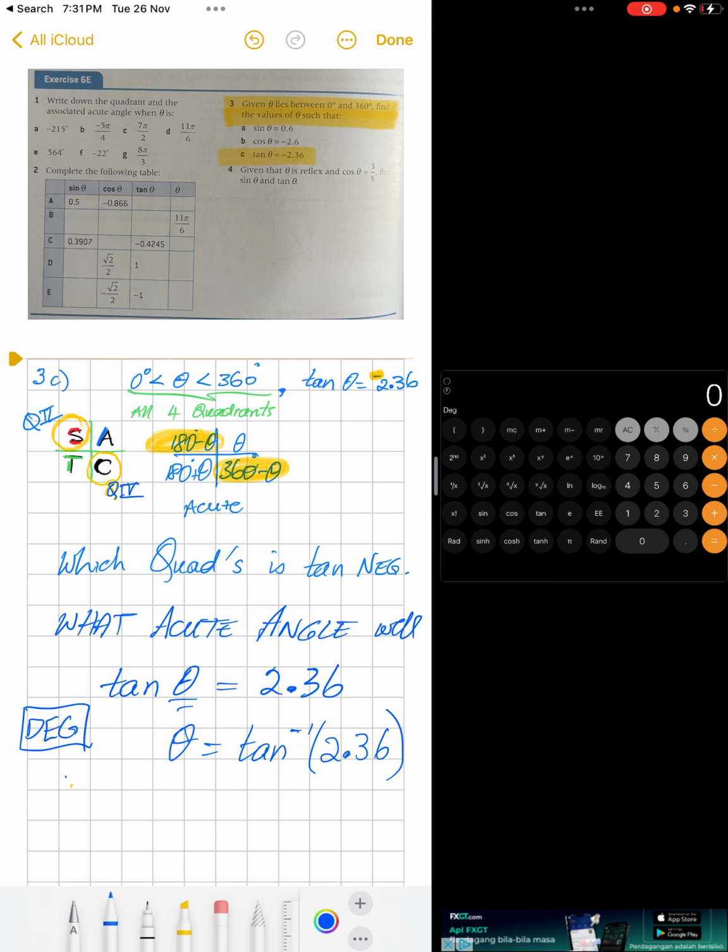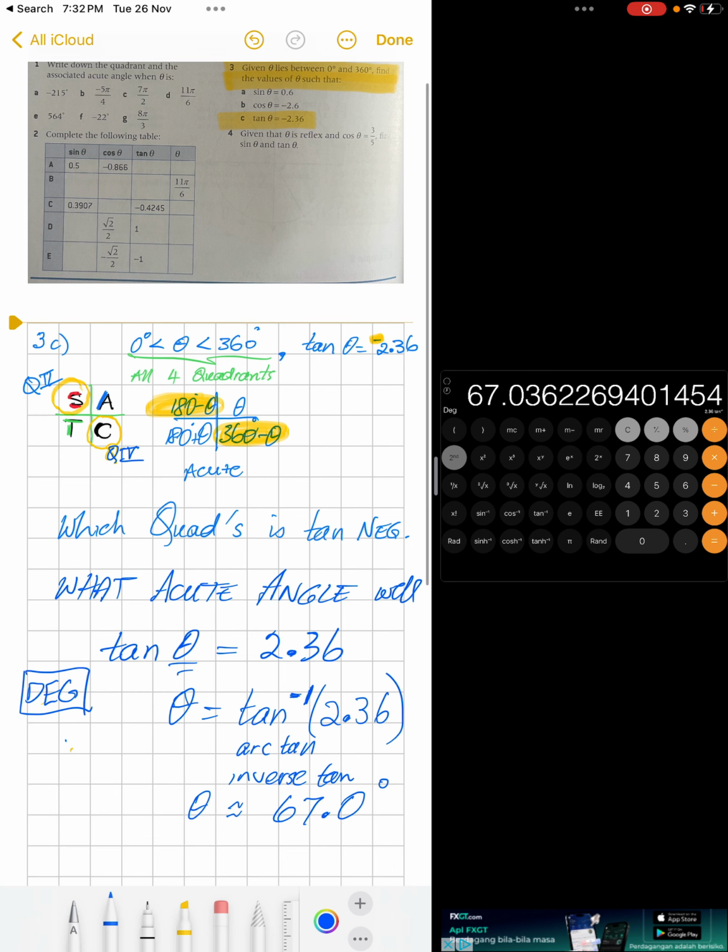So the inverse tan, or in some schools they say arctan, that's the same as inverse tan. Just thought I'd share that with you. So put 2.36, hit second function. We want tan to the -1, inverse tan. It's degrees. Good. Hit that button, and we've got our acute angle is about 67.0 degrees. We'll round it off to 1 decimal place.